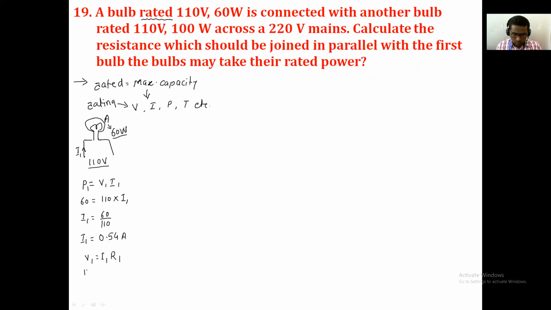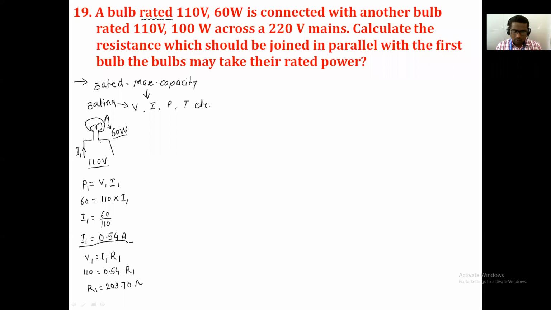Now V1 is 110 is equal to 0.54 multiplied by R1. So I say that R1 is equal to 203.70 ohm. So this is the value.